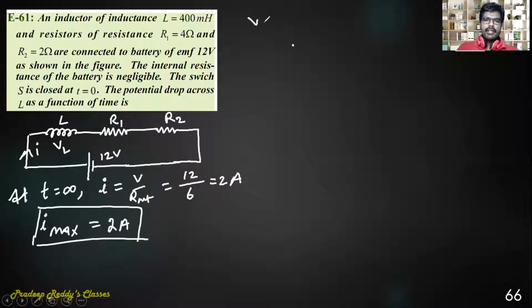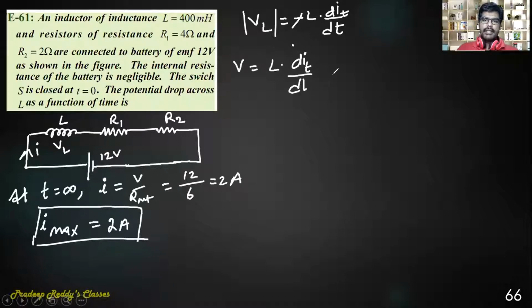So I can write this as the voltage dropped across the inductor V is equal to minus L into di divided by dt, where I is the current in this particular inductor at time t. Of course this negative sign is not necessary. We are only taking the magnitude of voltage dropped across this inductor. So V is equal to L into di by dt.